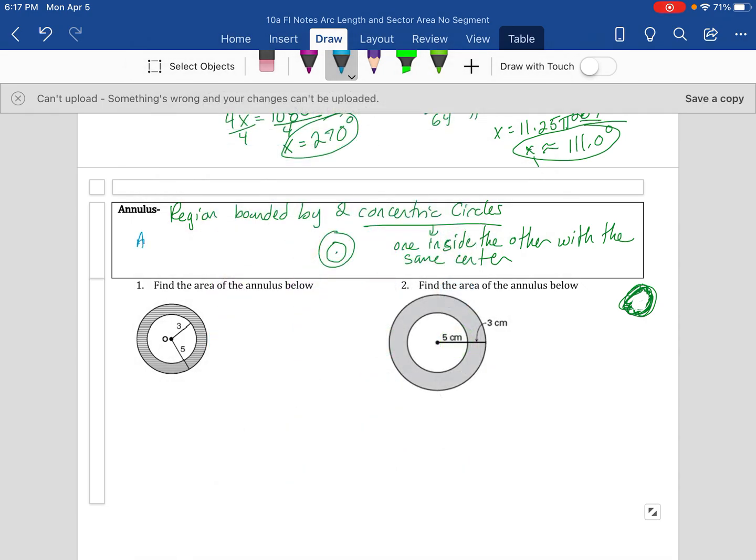So basically it's area of big minus area of little. Okay, and make sure you use the radius.